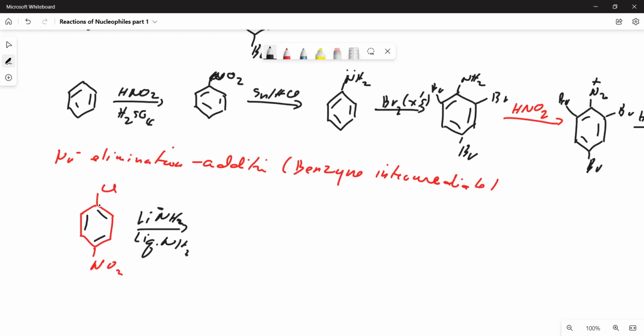So it will remove the chlorine. But what actually happens here is that your amide will act as a base first, and it will remove an acid. That is HCl, right? So the amide here is a base. It will remove the HCl, resulting in what you call a benzyne intermediate.